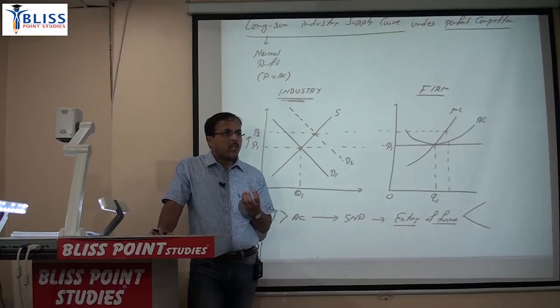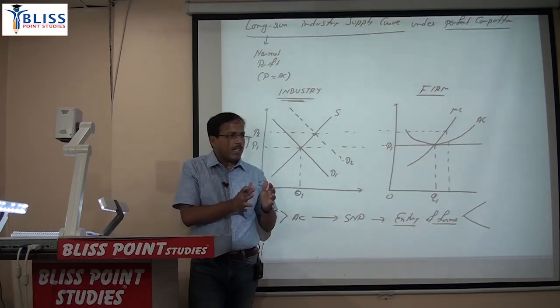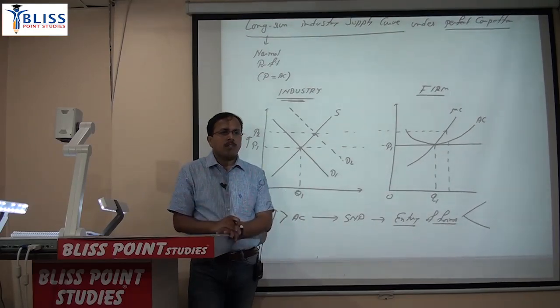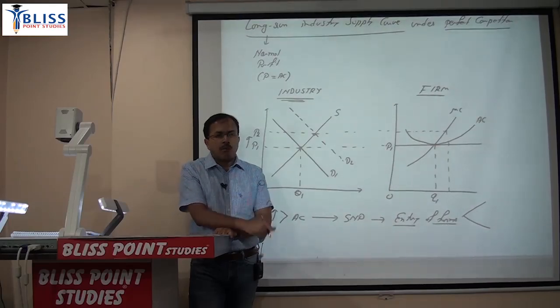So what will be the effect on demand for input? Input like labor, land, machinery. Earlier there were fewer firms, now there are more firms. So the demand for input will also increase. When demand for input increases, what will be the effect on the price of that input?